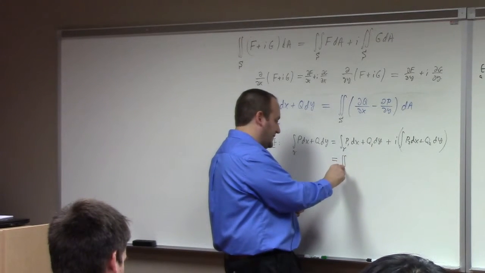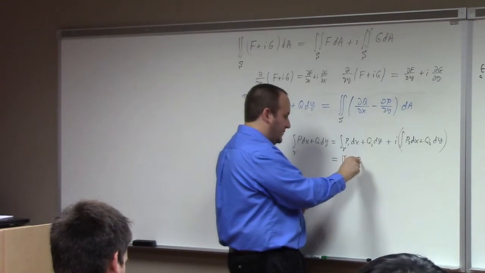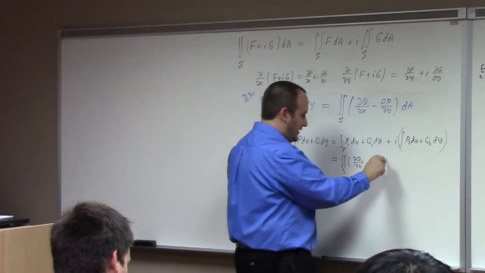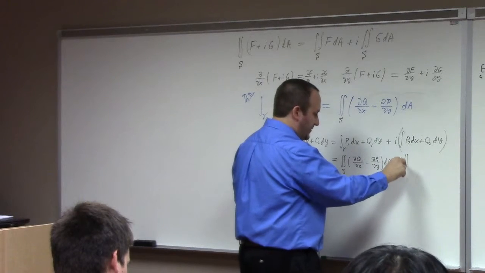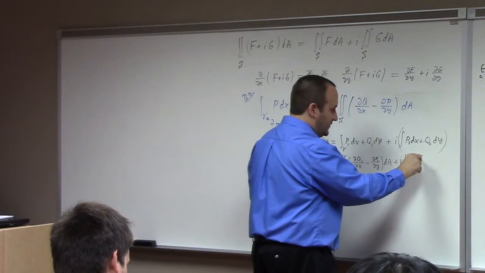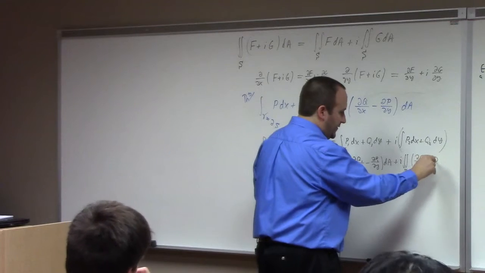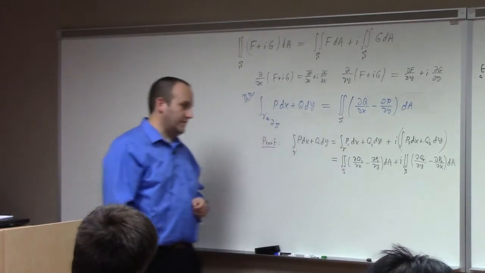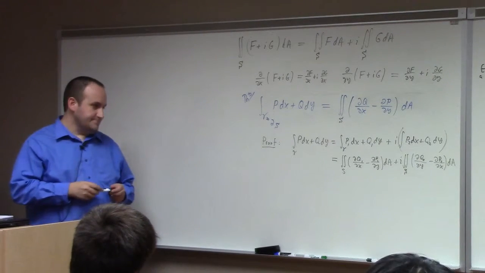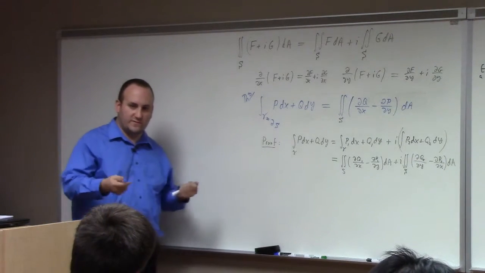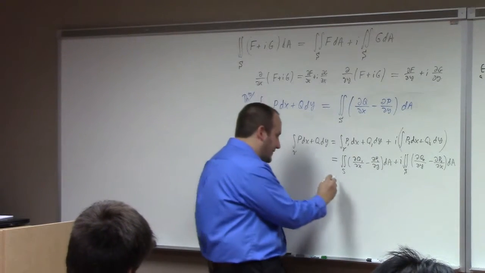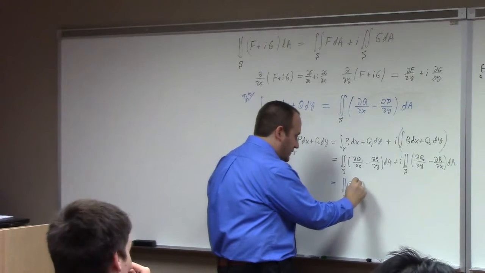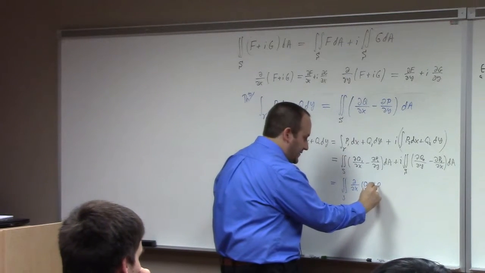So this is the integral over S of partial q1 partial x minus partial p1 partial y dA plus i times the integral over S of partial q2 partial x minus partial p2 partial y dA, right? And then we just rewrite it as a single double integral. That's the integral over S of partial x of q1 plus i q2.